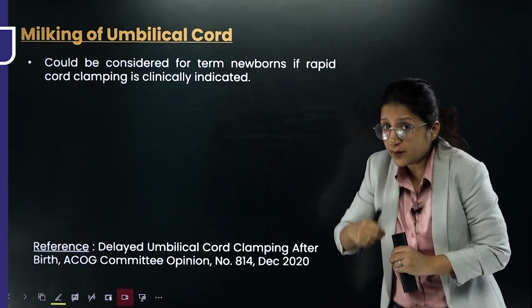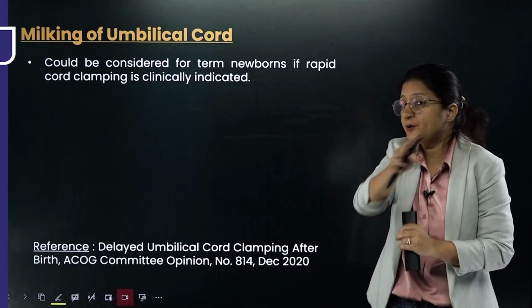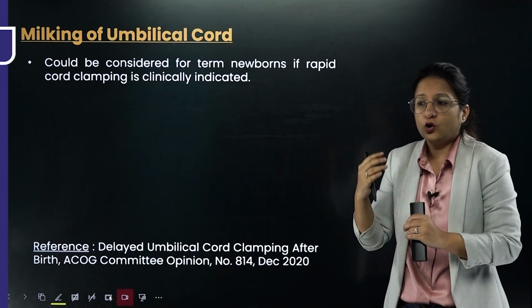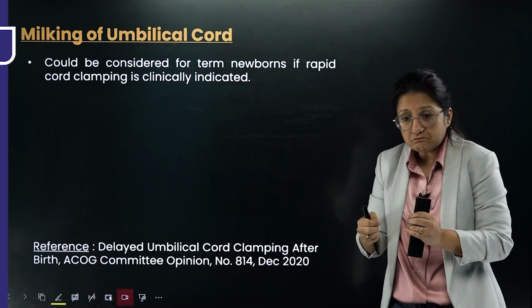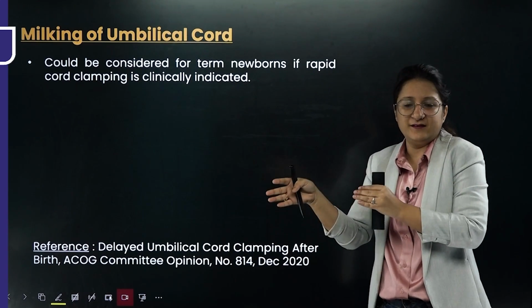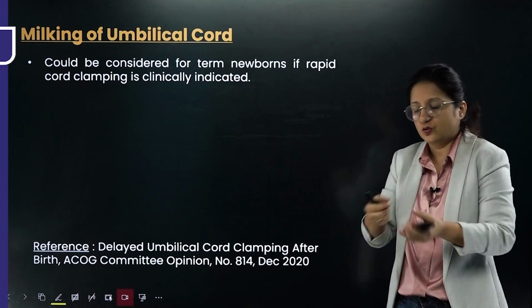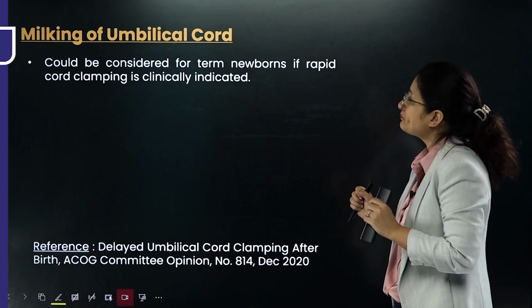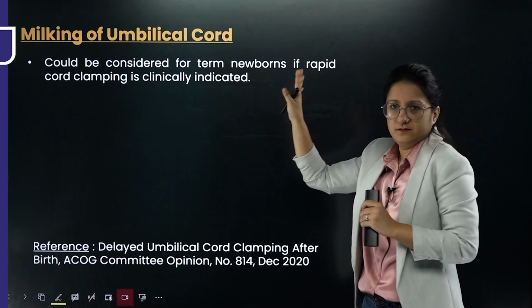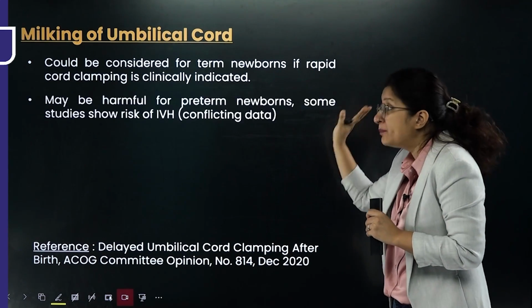Within a minute, you have to clamp the cord. You're in a rush, and you want to give the newborn the advantage of extra placental transfusion, extra blood also. So one can milk the cord before clamping. That is probably the only area where milking could be done.